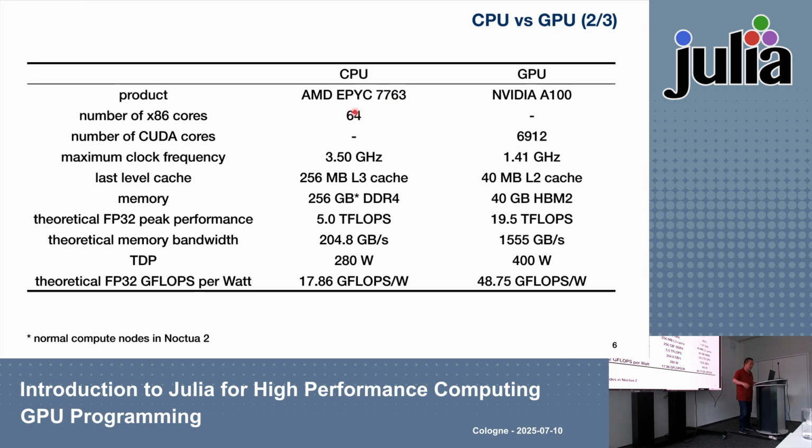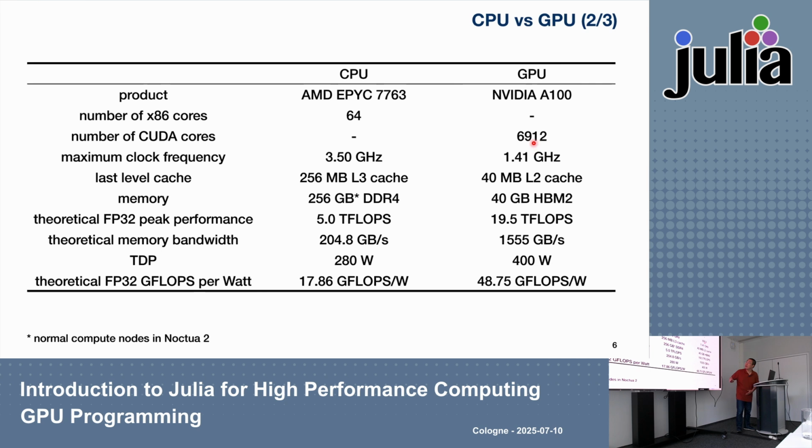And for the next generation system from PC2, one CPU socket has 96 cores, roughly 100 cores per CPU socket. But if we look at the GPU, it does not have x86 cores, but the so-called CUDA cores.